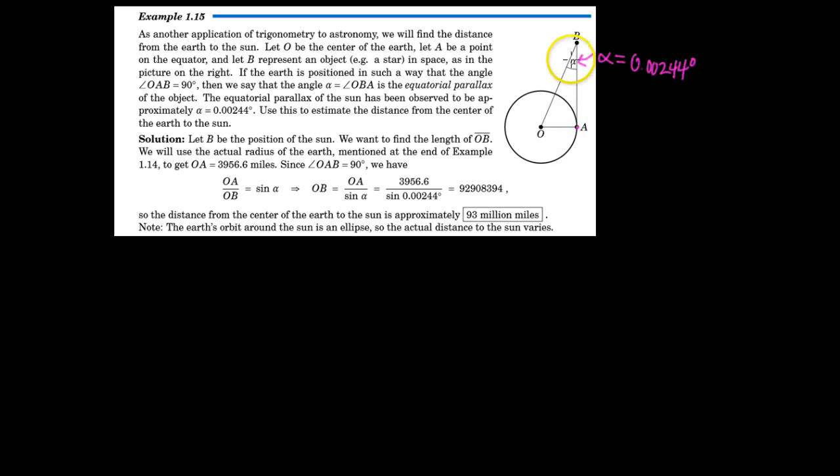So if we know that, and we're assuming that the distance from the center of the Earth to this point A, because it's the radius, is 3,956.6, we can calculate this distance OB right here because we have this angle, alpha, and in regards to alpha, I have an opposite leg and I want to find the hypotenuse. So I'm going to call that OB.